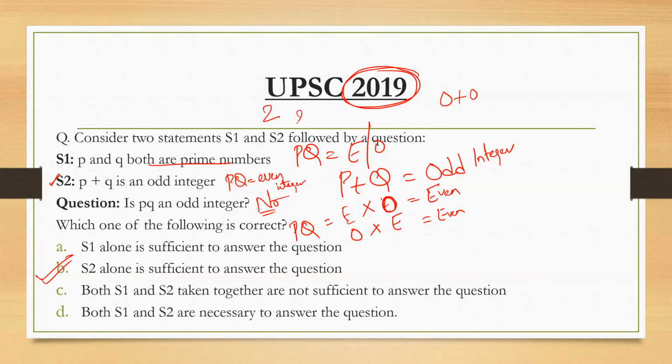Take 2 into 1. What is it? It's an even number, right? 2. Similarly, here also odd into even will give me an even number itself. Yes, sir. So PQ will always be even. That is why statement 2 alone is sufficient to answer the question. Fine. Raghavan? Okay.